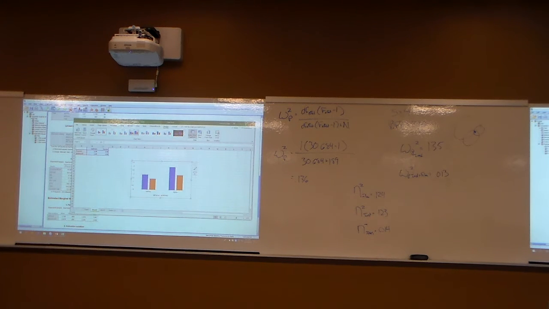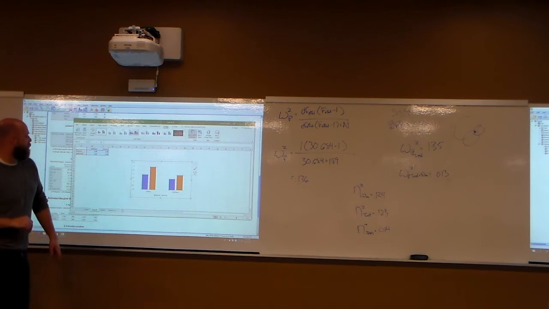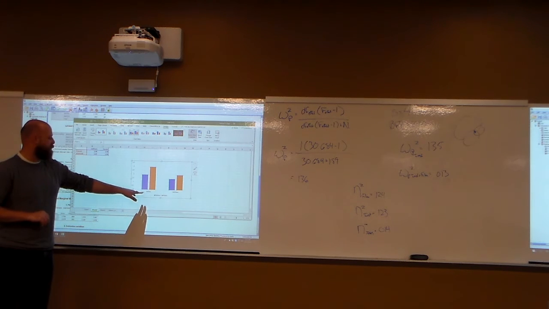Now, because these interactions are interchangeable, we could look at it the other way. So now if I'm looking at this graph, I'm saying, well, for those individuals who were told to express, do they demonstrate more expressive behavior?